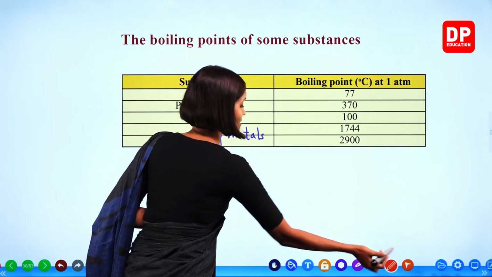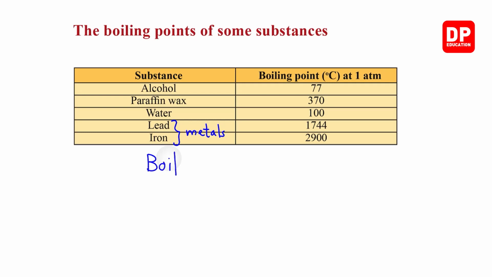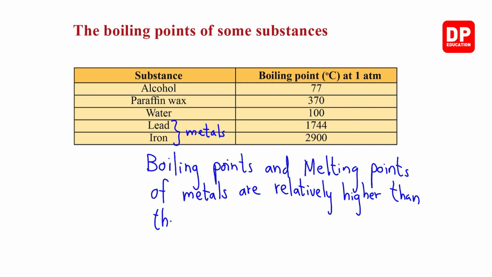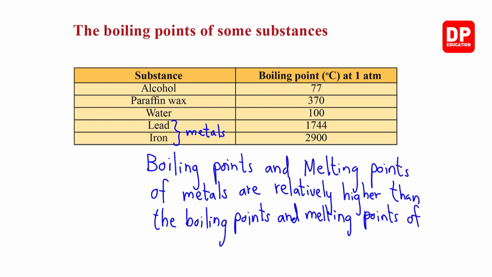Right? So after doing this one, we can write here: boiling points and melting points of metals are relatively higher than the boiling points and melting points of non-metals.